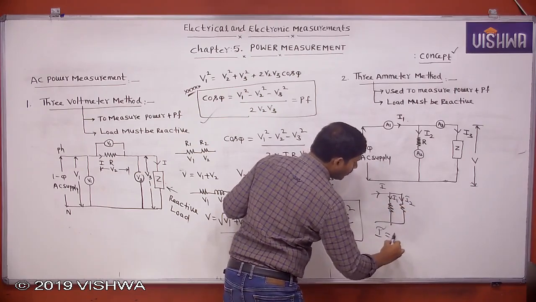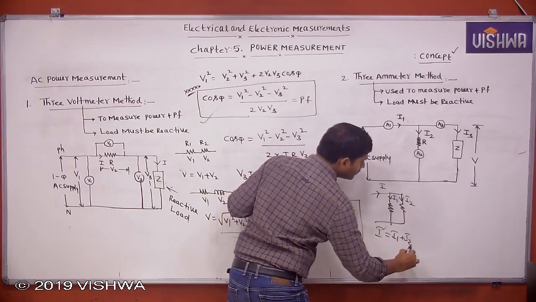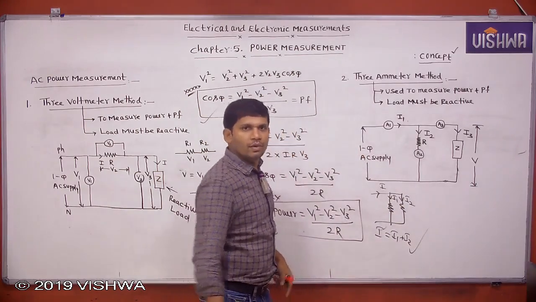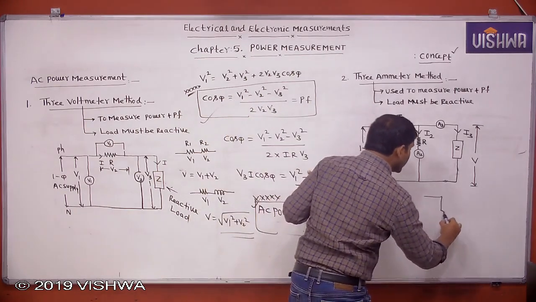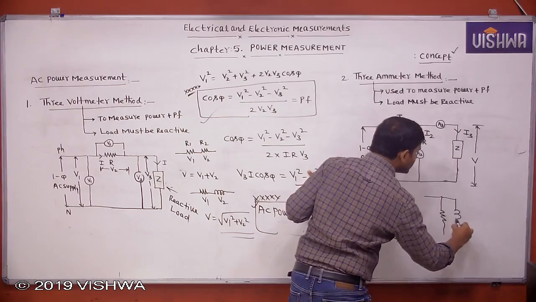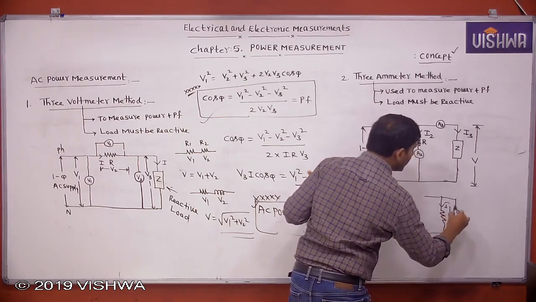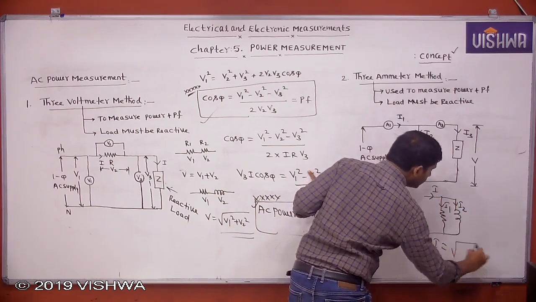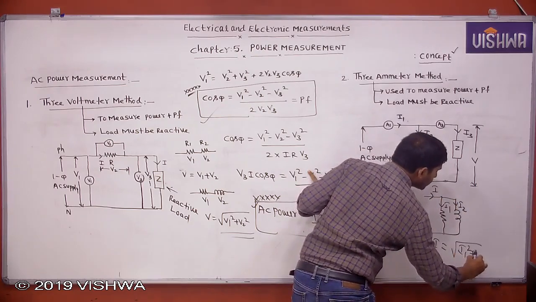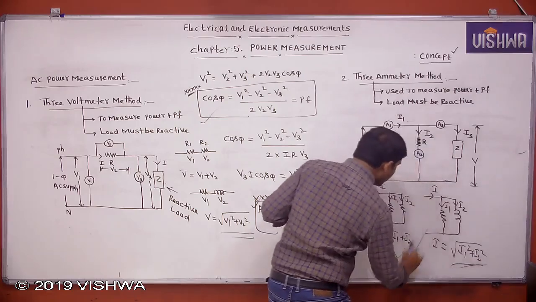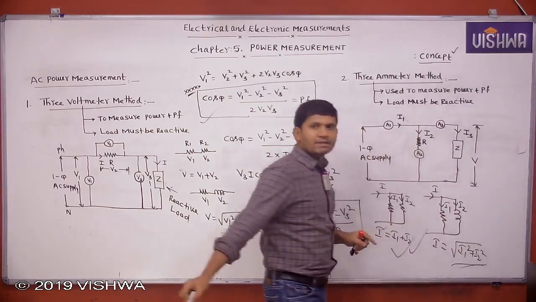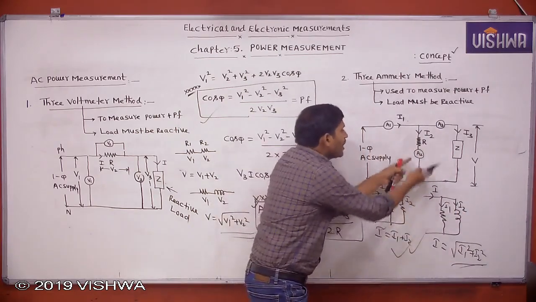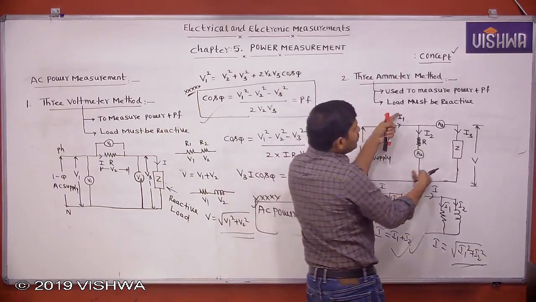How to write I equal to I1 plus I2? This concept you know. For example, if one resistor and one inductor are given, this is I1, this is I2, this is I. Then how to write I square equal to I1 square plus I2 square? Here you take an arithmetic sum, here you take a vector sum. Then apply the same concept here. This is resistive, this is reactive.